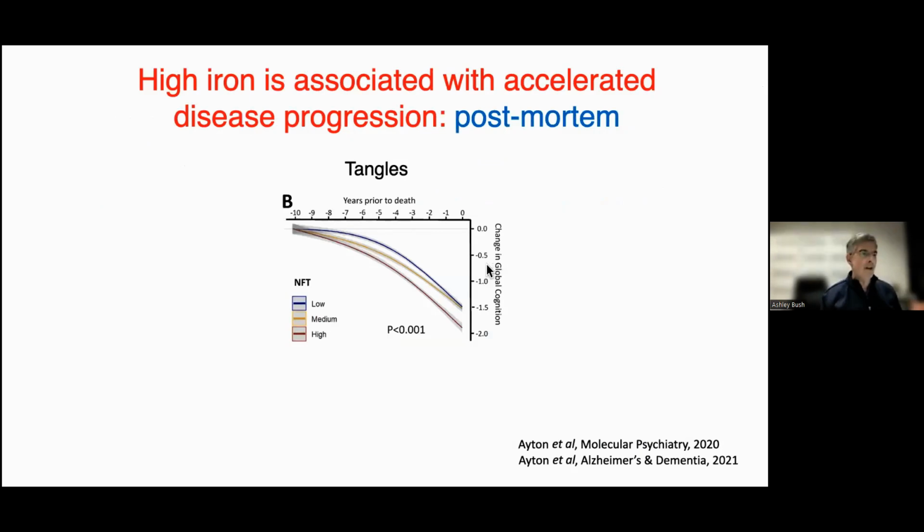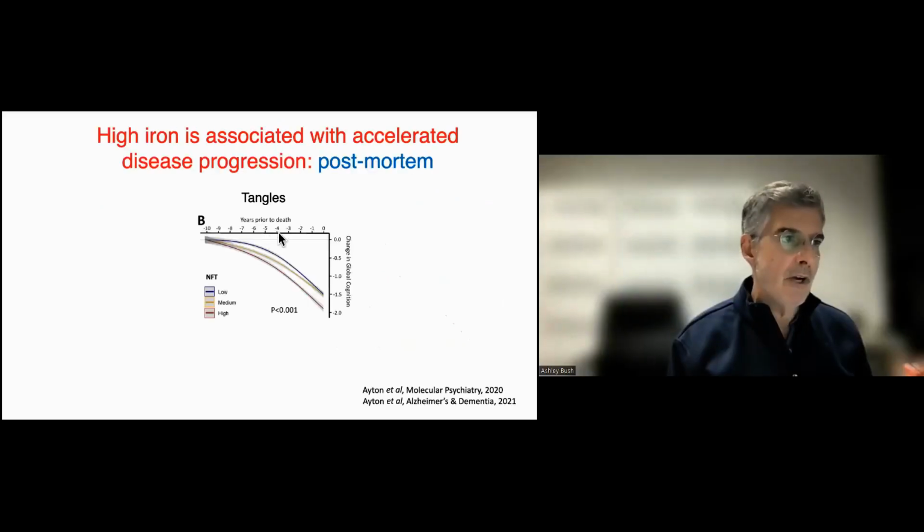So firstly, I'd like to orientate you to the impact of the tangle burden within the tissue at post-mortem. In this slide, we see tangle burden expressed in tertiles, either low, medium, or high. On the y-axis is the change in global cognition, and on the x-axis are years prior to death.